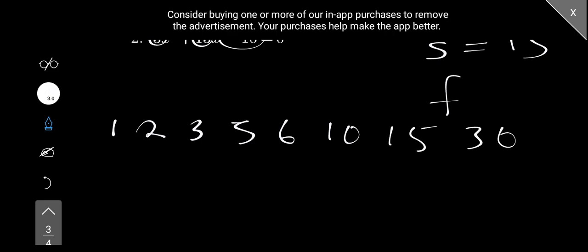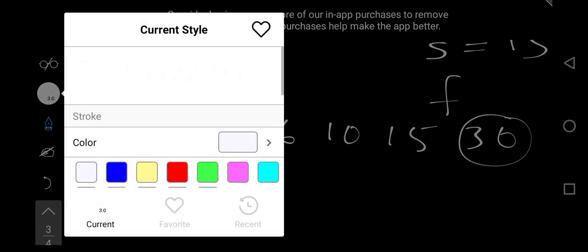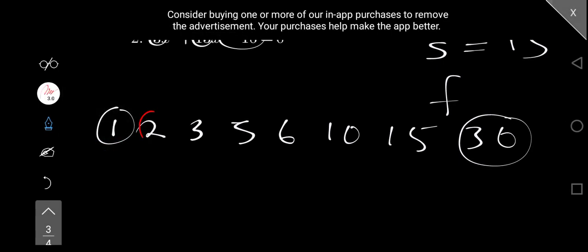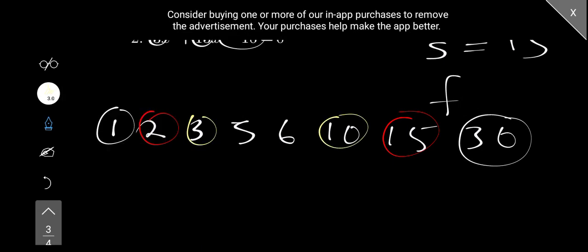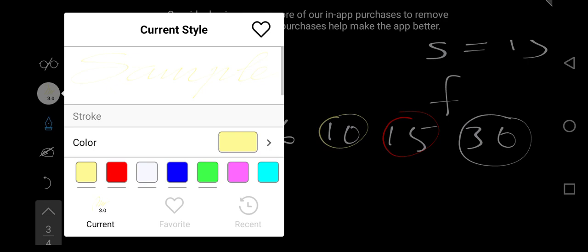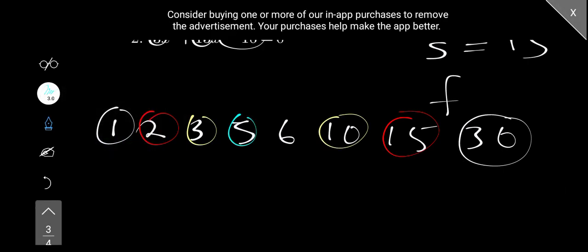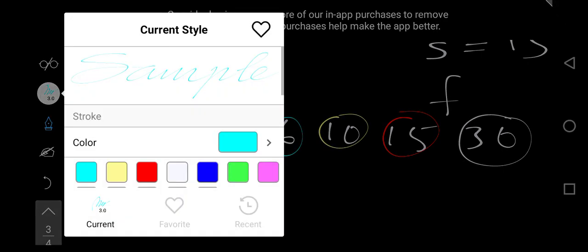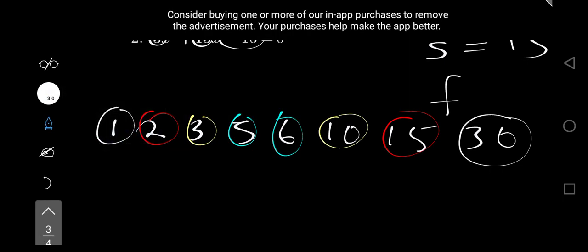Okay. So as I said, we pick two numbers, the first one and the last one. Same process. This goes with that. This goes with this. And finally, this with that. Okay, here we are. So we are picking 1 and 30.